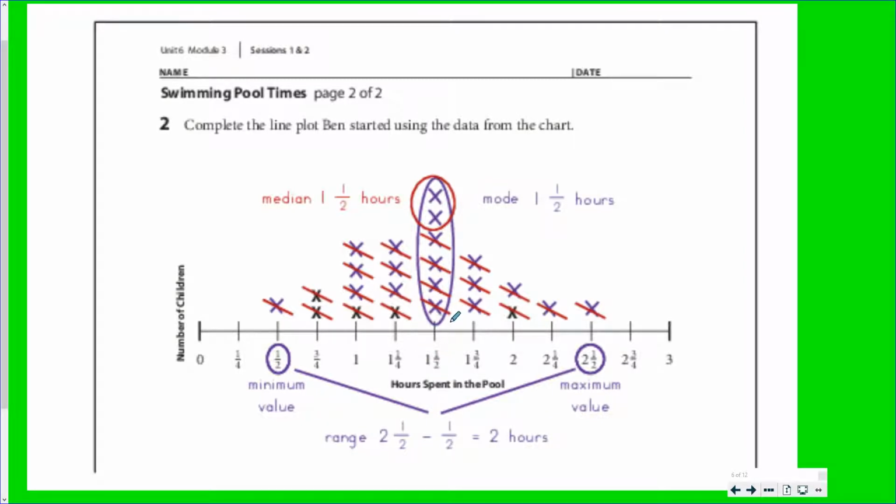The mode, because it's the data point that shows up the most, is also 1 1/2. And then the range is 2, because they take the maximum value and subtract the minimum value. So in this case, it's 2 1/2 minus 1/2, which gives you that 2 right here.